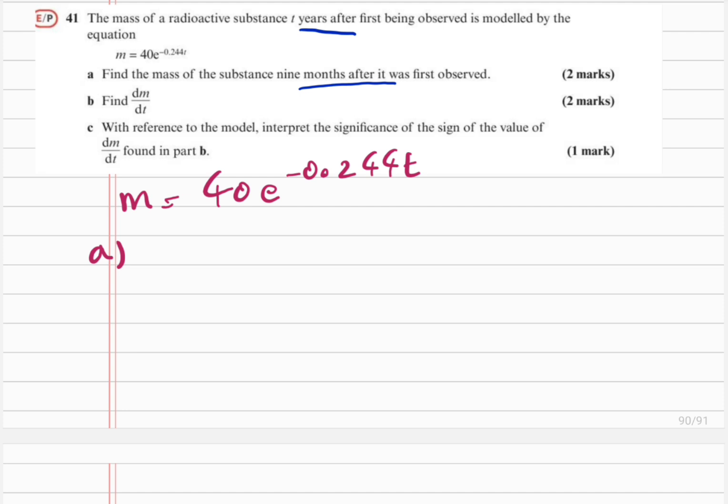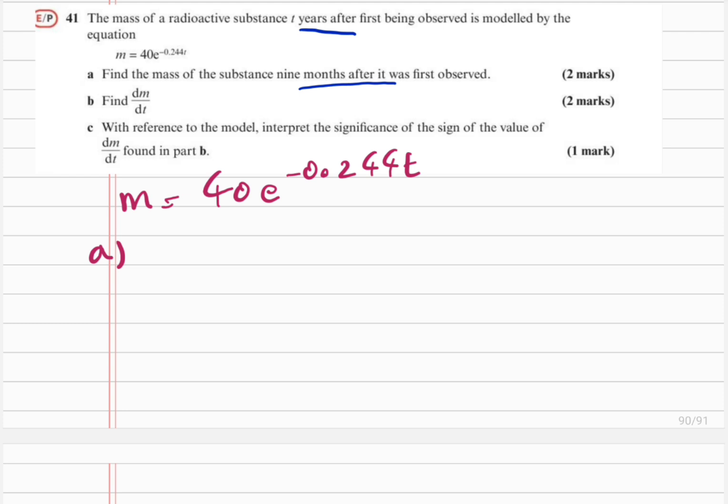Okay, so we first need to remember that this T shows basically the years after first being observed. For example, if you want to look at the mass of the radioactive substance 2 years after it was first observed, then T is equal to 2 because each T is equal to a year. But in this case, this 9 is not 9 years, it's 9 months.